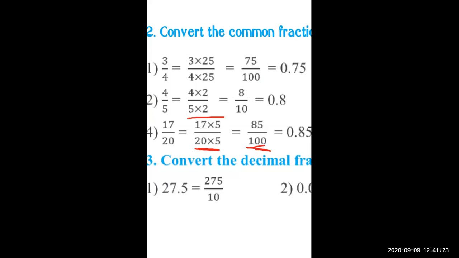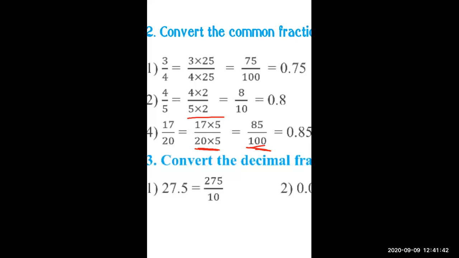I hope you have understood question number 2. Now once again I will repeat it. 17 upon 20. 20 is your denominator, so the denominator should be converted into a decimal denominator. So we have to multiply 20 by 5.